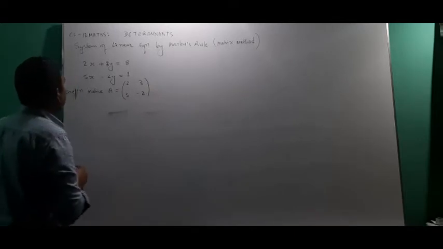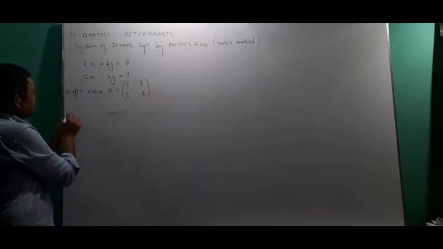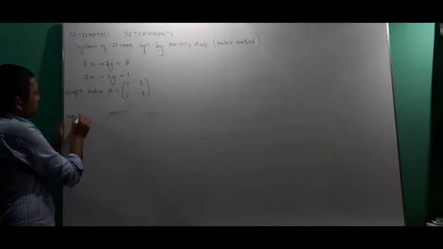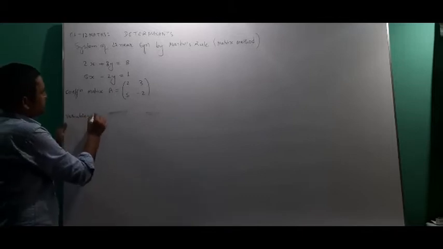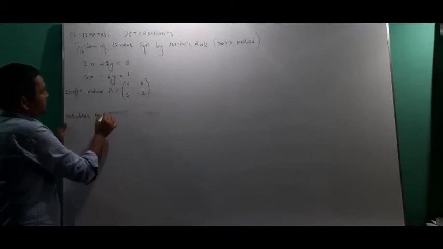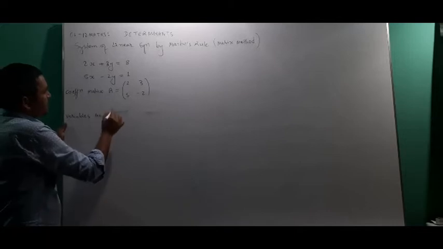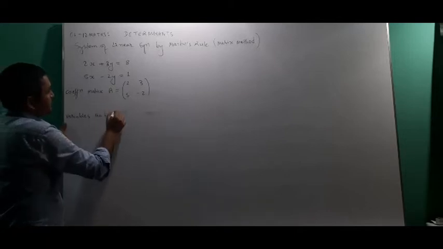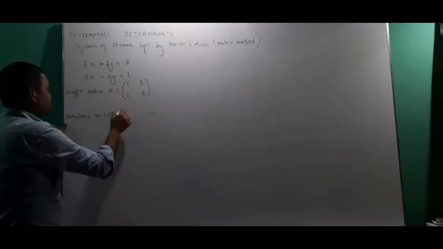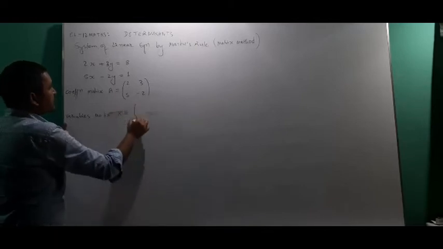Then the variable matrix. The variable matrix is not B, it is X. Variable matrix is X, and what variables are there?